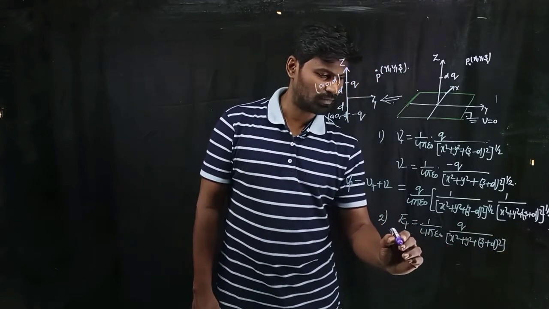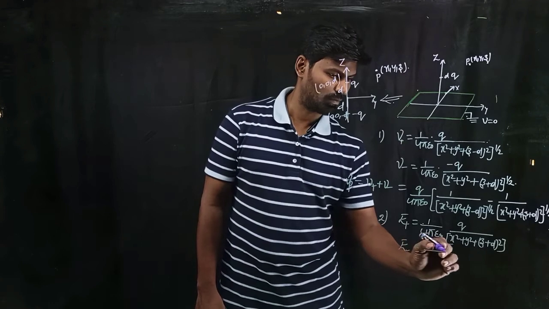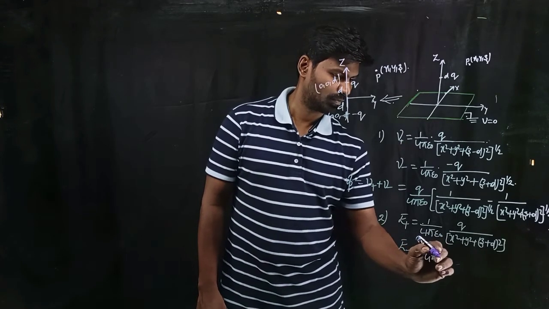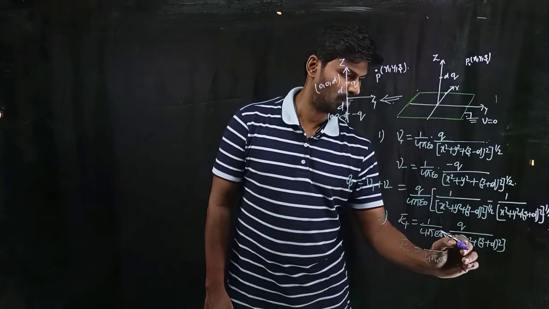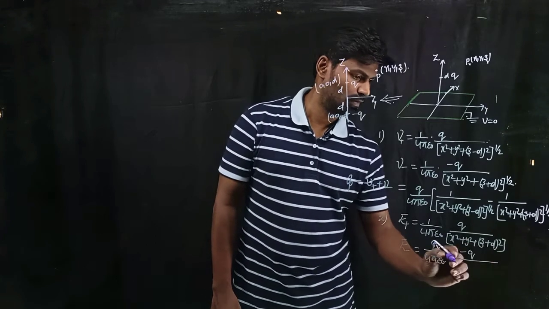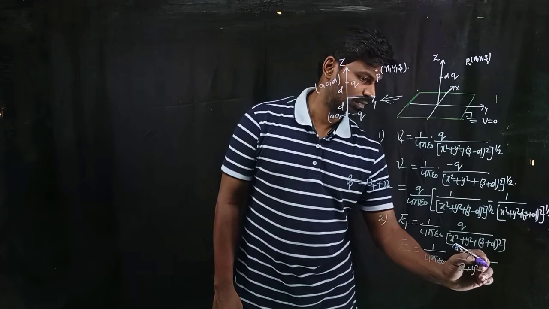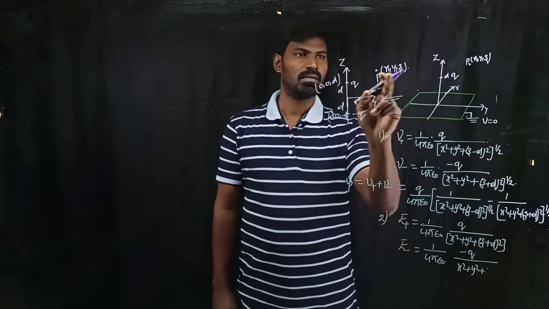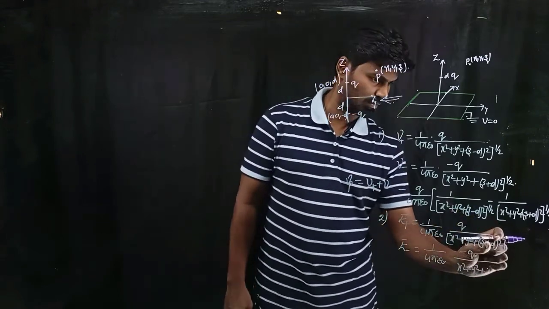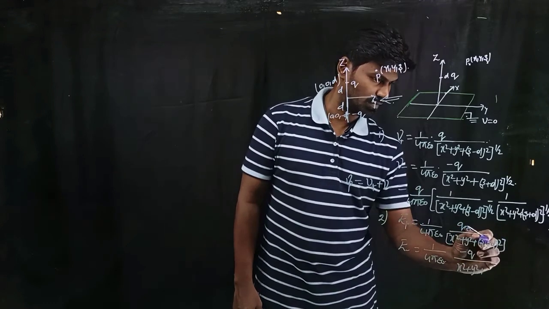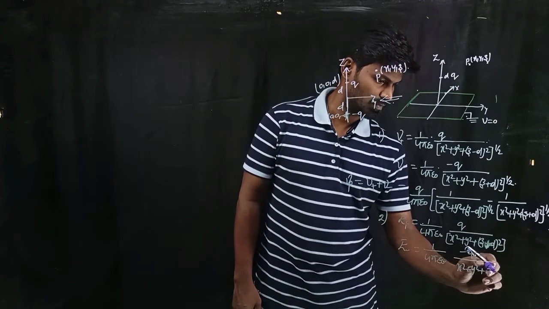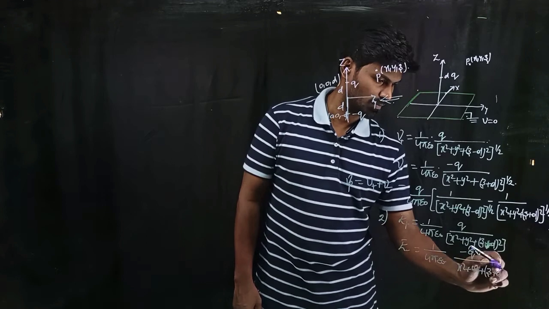And similarly E minus is how much? 1 by 4 pi epsilon naught into minus Q divided by x square plus y square plus (z plus d) whole square.